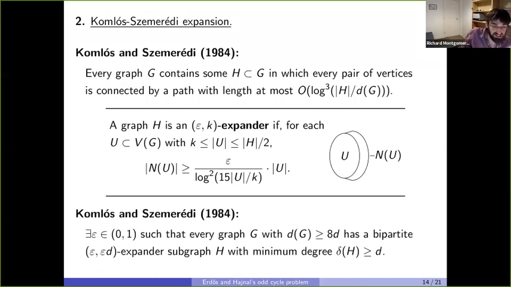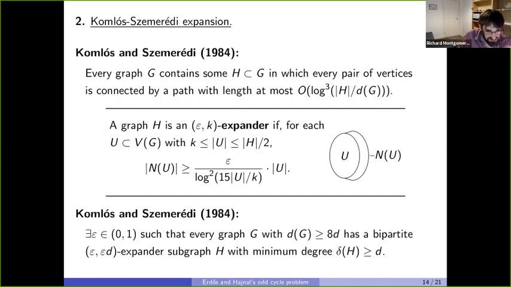What do I have here? So here's the important result. There exists some epsilon, between 0 and 1, such that every graph G with average degree at least 8D has a bipartite epsilon-expander subgraph H with minimum degree at least D. Maybe we want D to be a certain size as well.